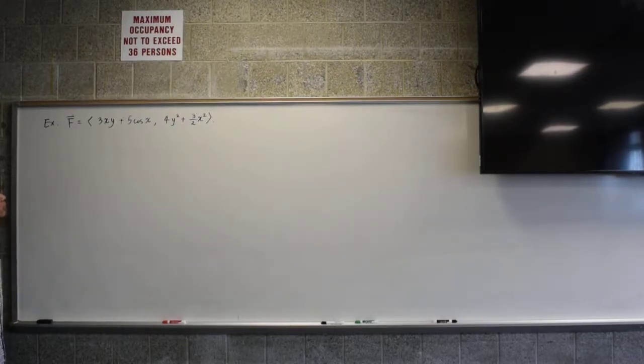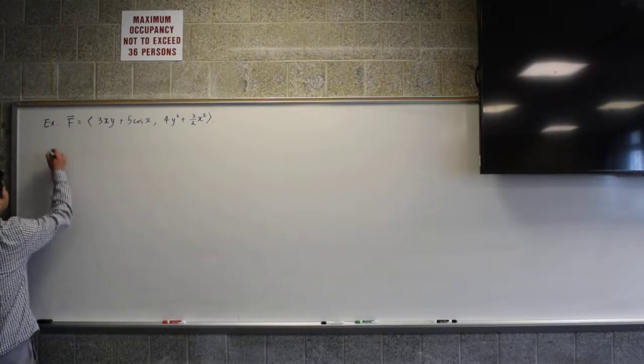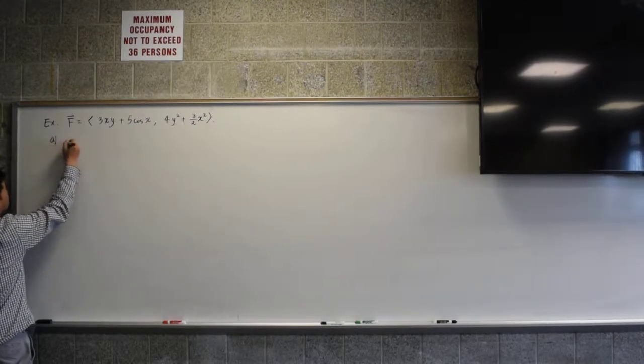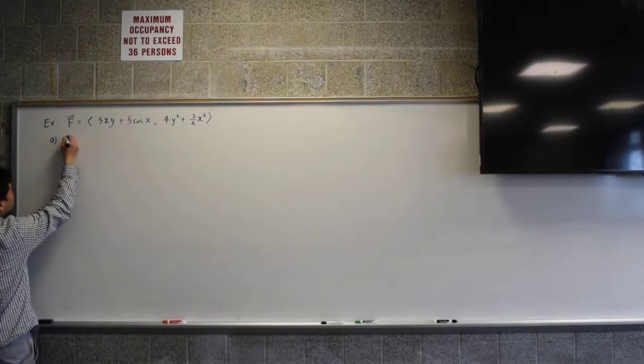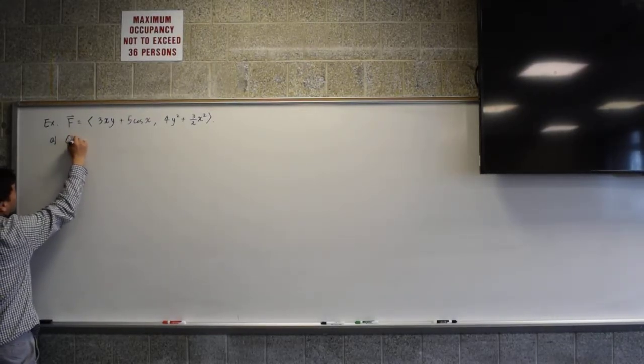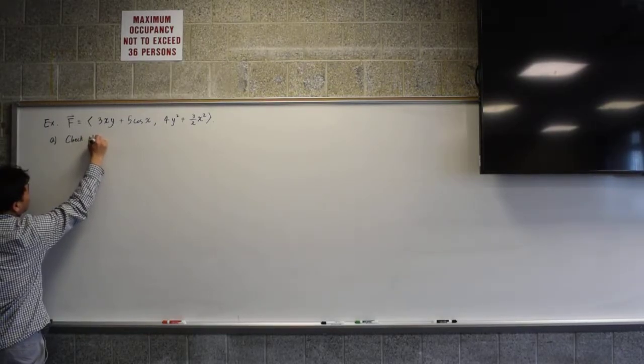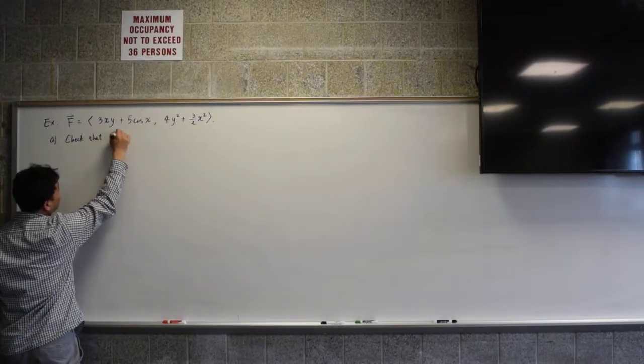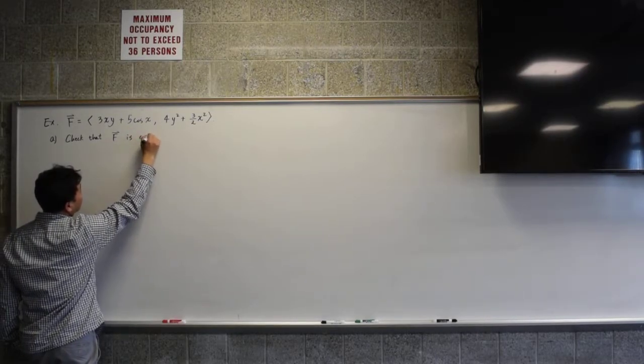So let's say you're given a vector field like this. And today we're going to ask for the following. First question is, check that F is conservative.